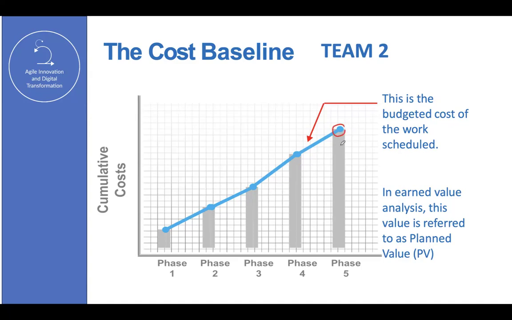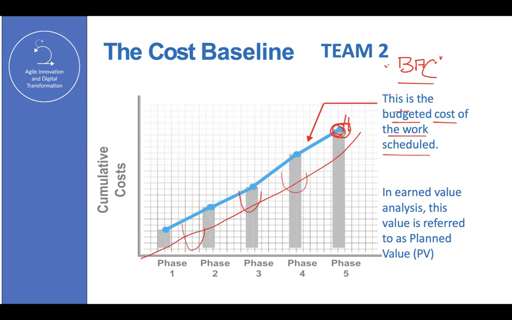Another name for this money here is BAC. Pay attention for the exam. Budget at completion is the total amount of money we're going to spend in the project. This is the approved amount. This is the budgeted cost of the work scheduled. It's based on time, right?